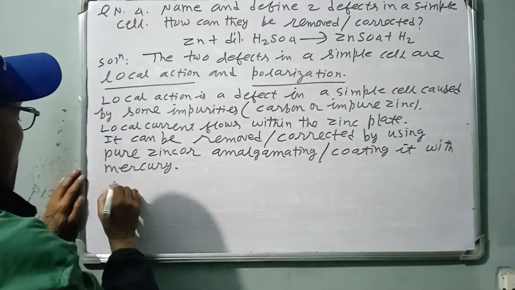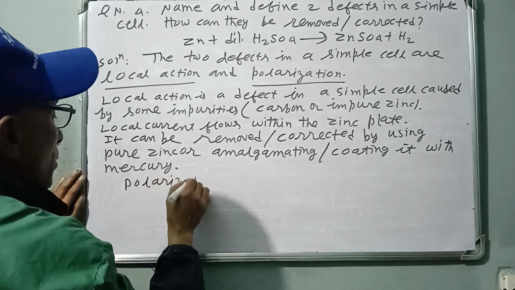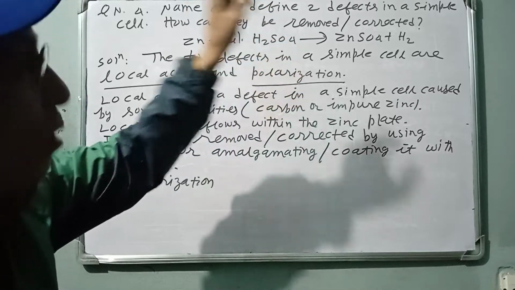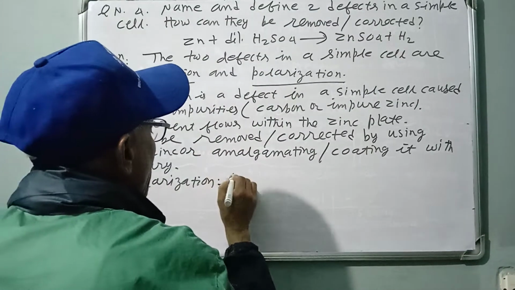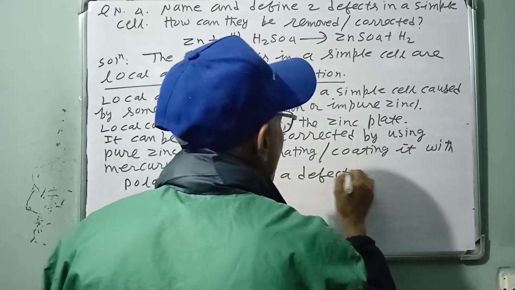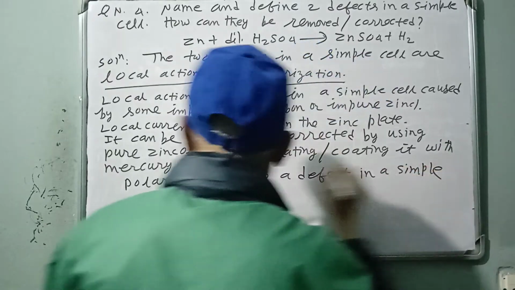Another is polarization. If a definition is asked, you have to write down the definition. If a definition is not asked, do not write it. What is polarization? It is a defect in a simple cell. How?